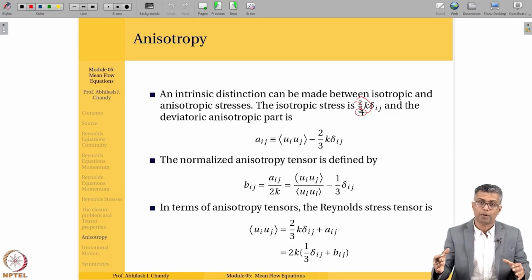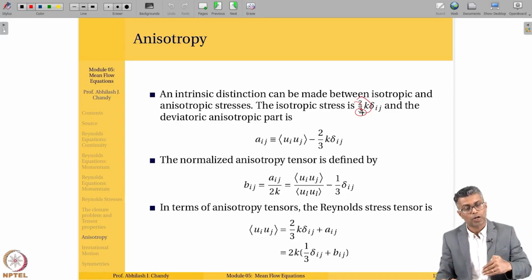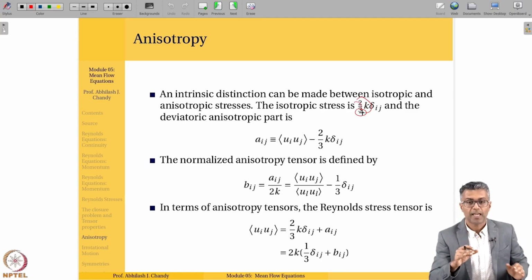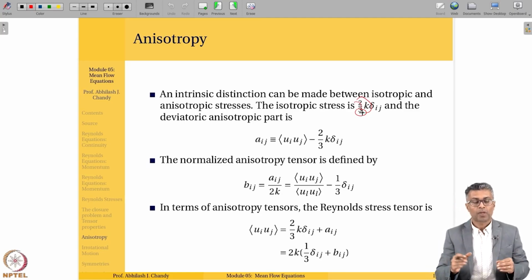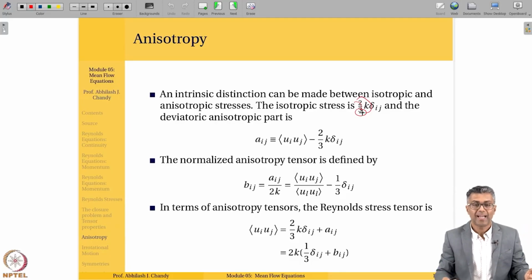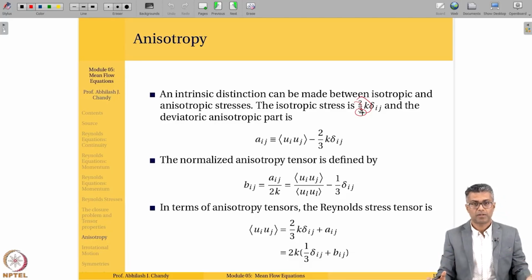The anisotropic part is the off-diagonal components. This is for any stress tensor. The isotropic part is your diagonal components. So when we write the stress tensor in fluid mechanics, nothing to do with turbulent flow, the diagonal components are the normal stress or the pressure, and the off-diagonal components are the viscous stress.